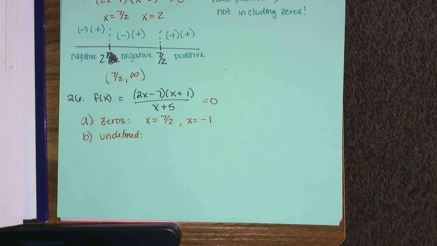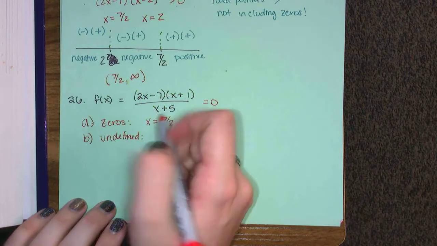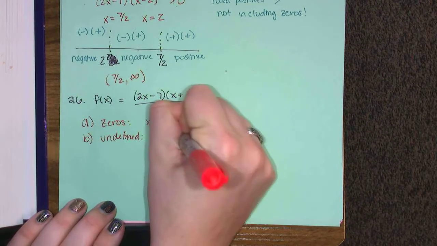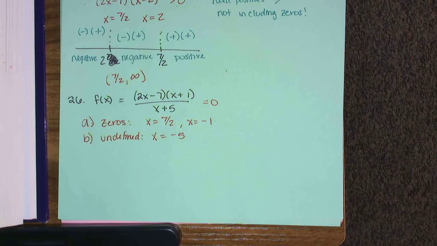Then the next thing it wants is where is it undefined? So where would this not be defined? What value can we not have? Negative 5, because of the denominator. So when we go to make our sign chart, we need to make sure we get rid of that value as well.